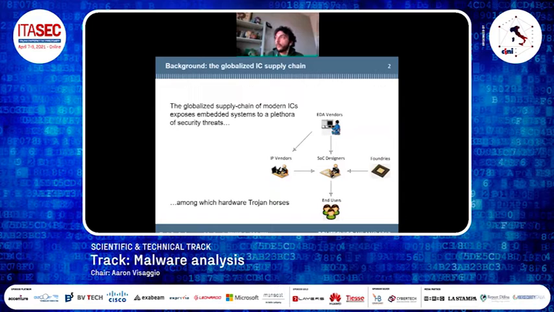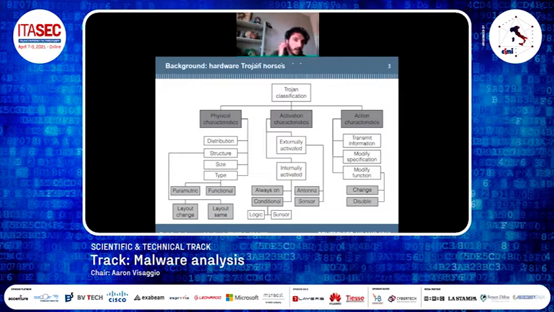In a nutshell, a hardware Trojan is an unwanted malicious modification of your circuit that stays silent, inactive most of the time, but then is activated and does something wrong, something malicious, in your circuit. This is a very general classical classification of hardware Trojans. We can classify hardware Trojans based on their physical characteristics.